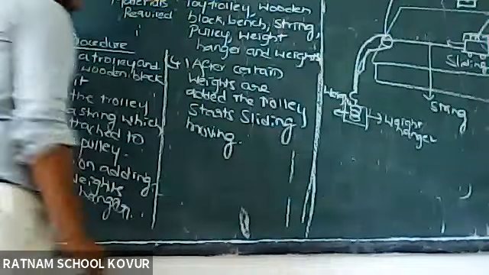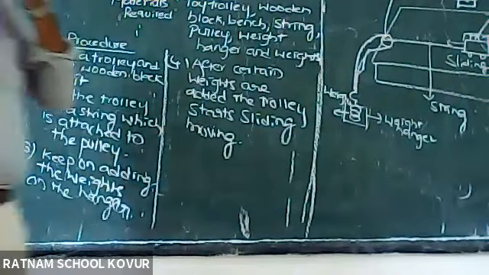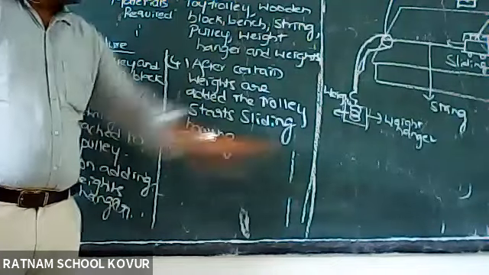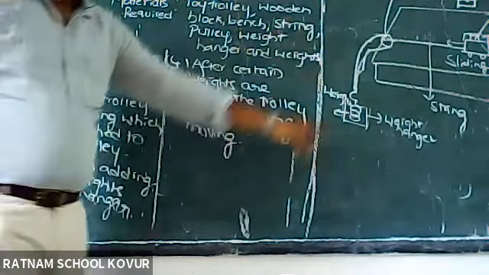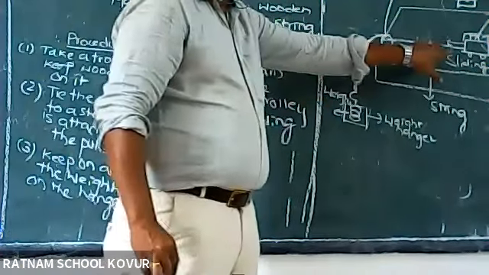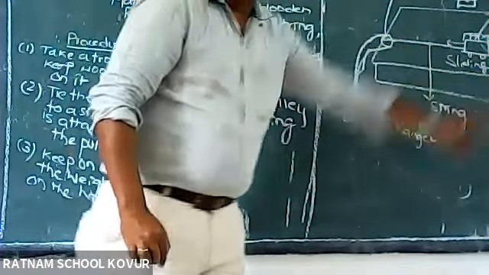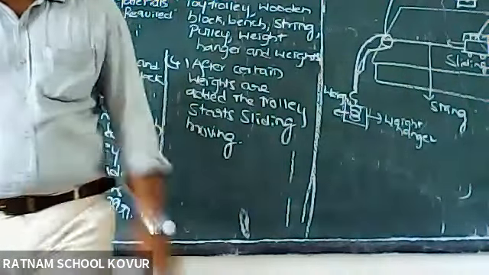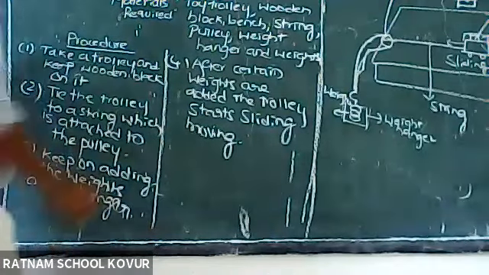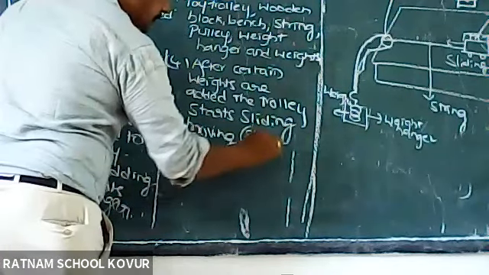Why is the trolley moving? Because we are exerting some force here on the pulley. When the weight is added, the weight is connected to the string, and the string is connected to the trolley, so the trolley will move because of the weight which we are adding. But here sliding friction will come.